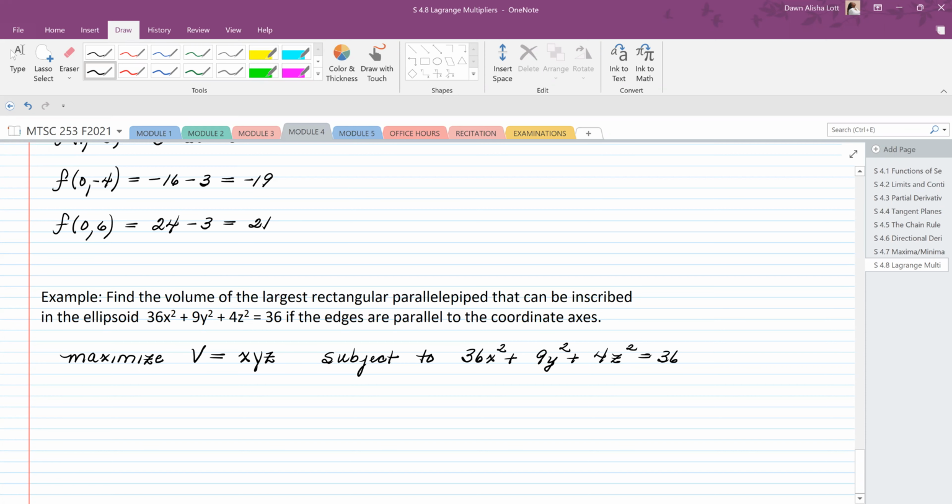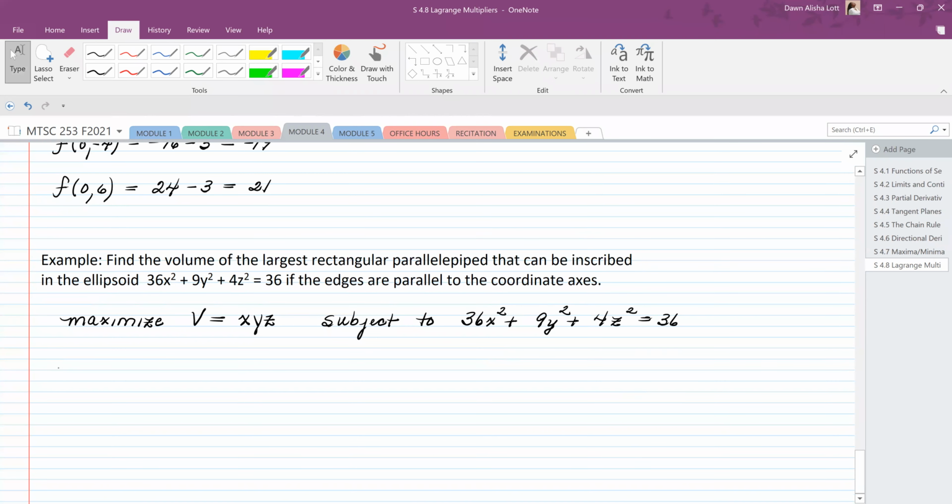So now my f of x, y, z is xyz. And if you remember, what we did in the previous problem was, for the g of x, y, z, we solved for z and put it in.